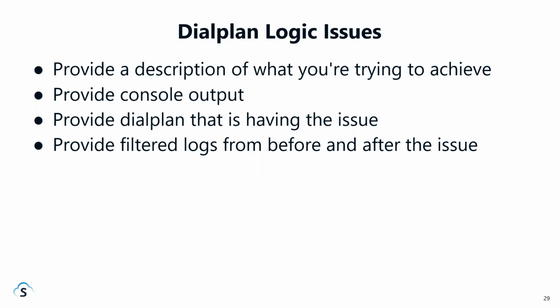And then sometimes we can piece together what people are trying to achieve. Sometimes we can't. So providing a description is a great idea. Also provide the console output showing what's actually happening when the dialplan is executing. And then something which seems obvious, but also some people don't do, provide the dialplan that's having the issue.